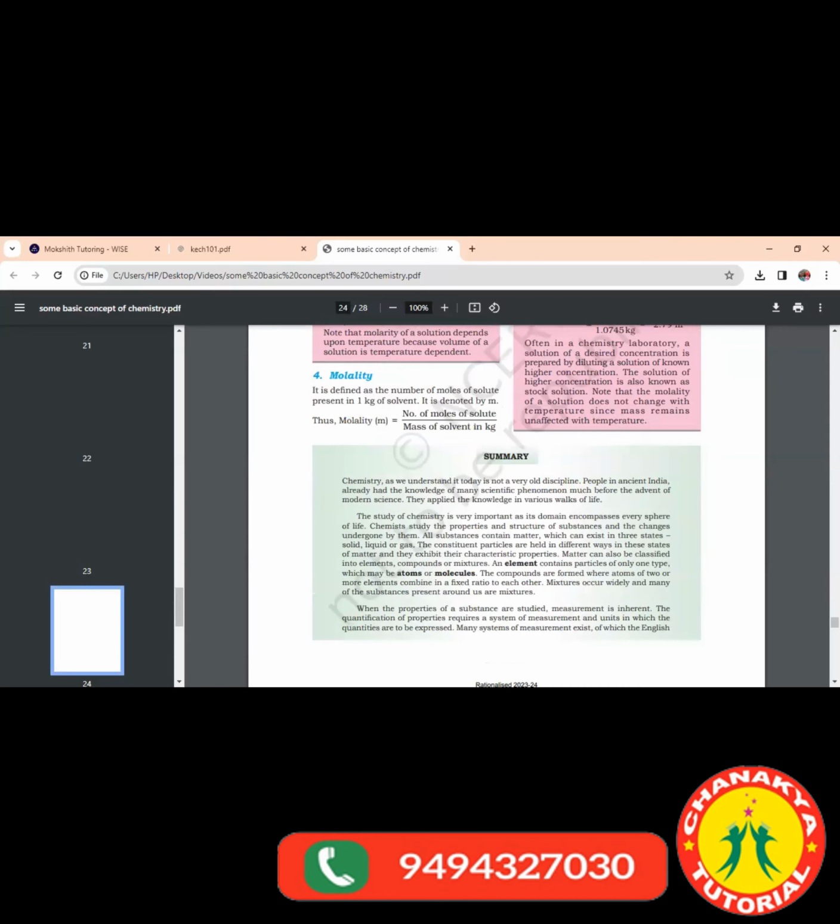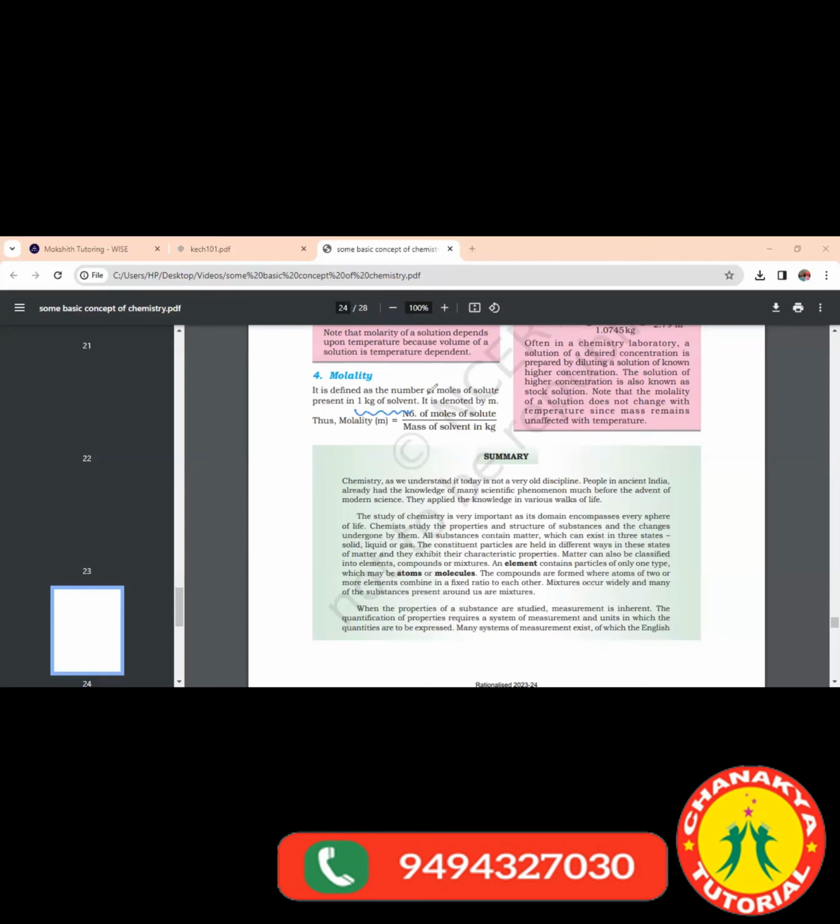Understand the basic difference between molarity and molality. What is molarity? The number of moles of solute present in 1 liter of solution, correct? That is molarity. Now, molality means the number of moles of solute present in 1 kg of solvent.